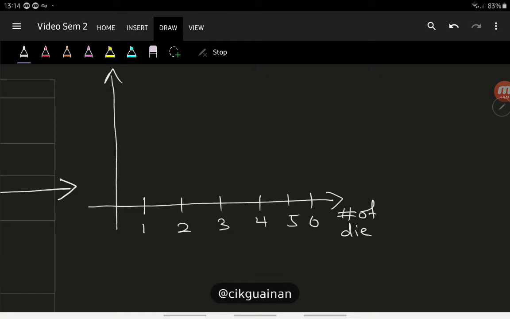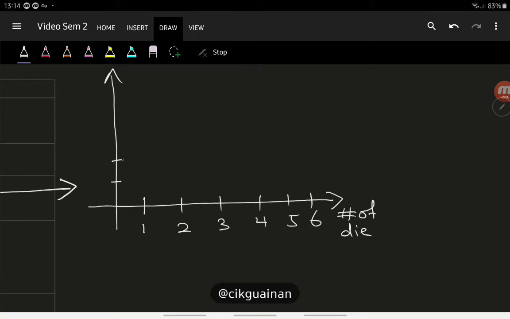Just in case you're wondering why I keep saying die, 1 die, 2 dice, that's the plural. So the x-axis down here, the horizontal, we use to represent the number of the die, the number that you get. And then this is the balls.